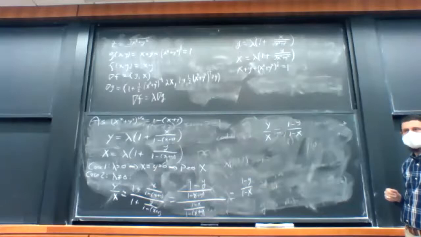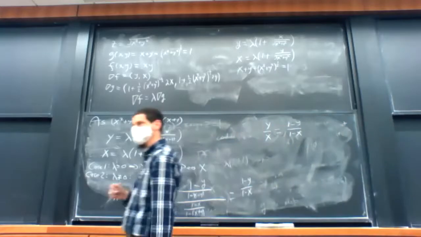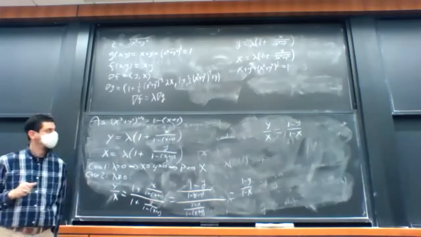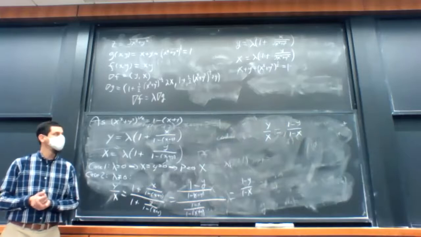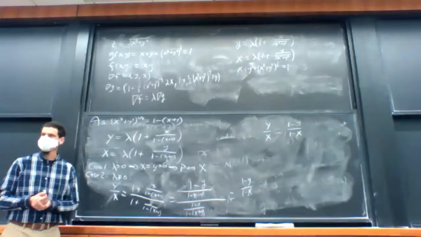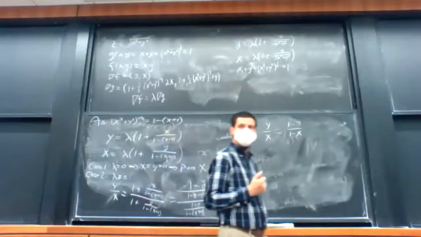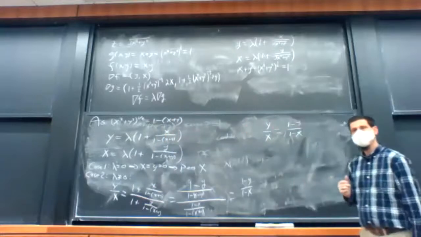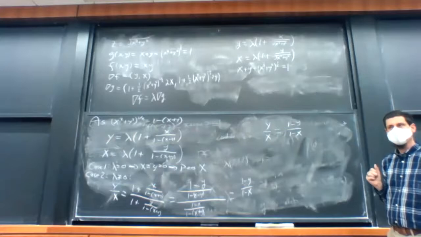What can I do now? I want to solve this. What can I do? When are two fractions equal to each other? So when you look at this, what could you do that might make it a little bit easier to understand?